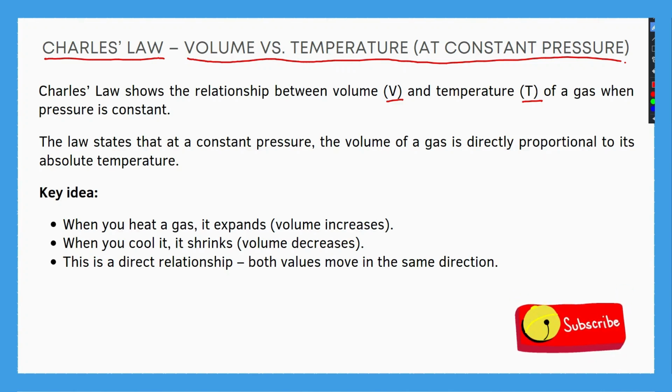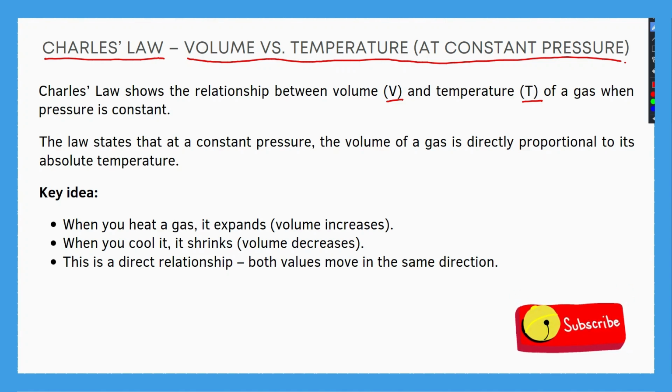You need to be familiar with the concept of volume, the concept of pressure, and the concept of temperature for a start. Now, this law called Charles's Law talks about the relationship between two out of those three variables that we just talked about: volume and temperature, when pressure is kept constant.